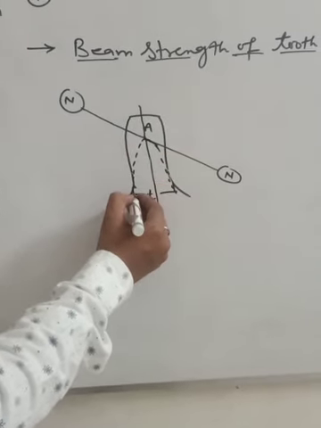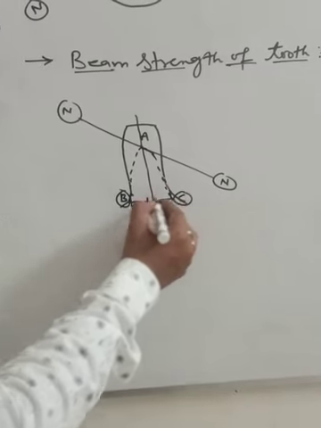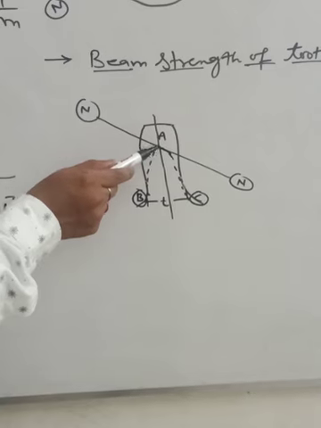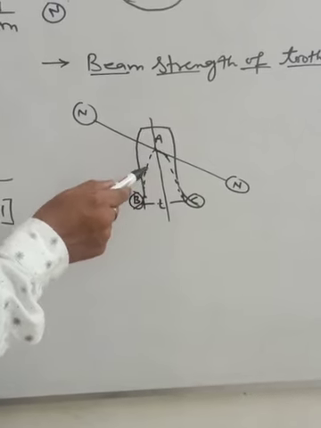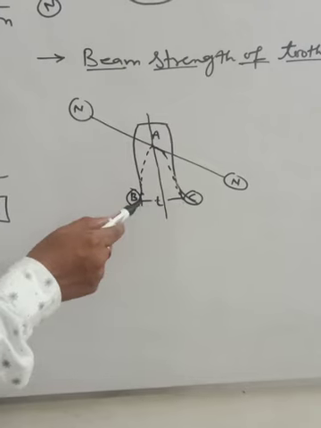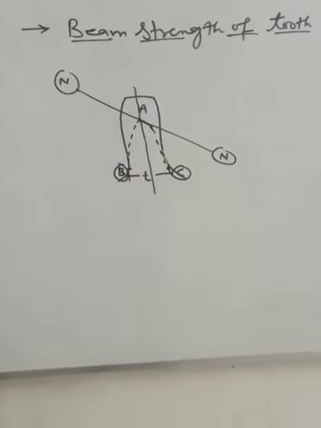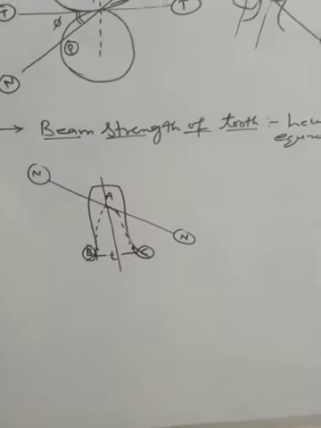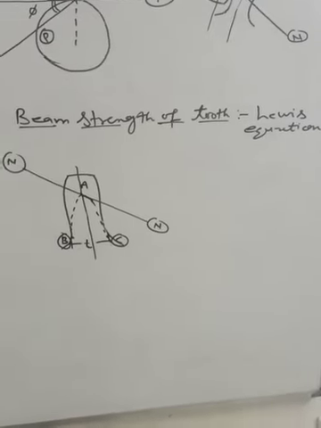This is the parabola, and from this parabola we can find out that at C and B this parabola is tangent. That's why BC is the weakest section. And on the basis of this weakest section, Lewis defined an equation which is known as the Lewis equation.